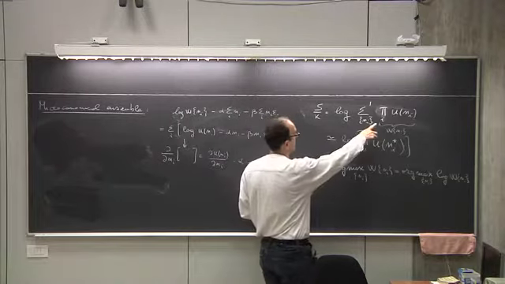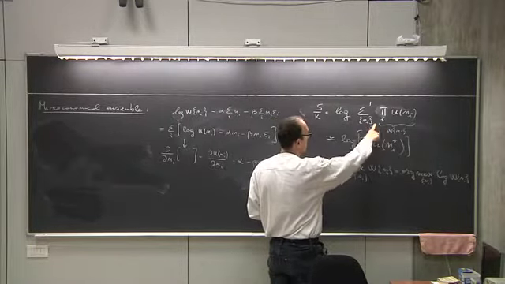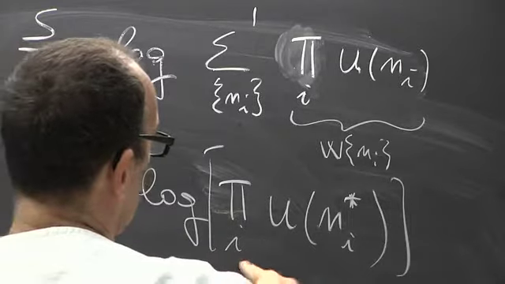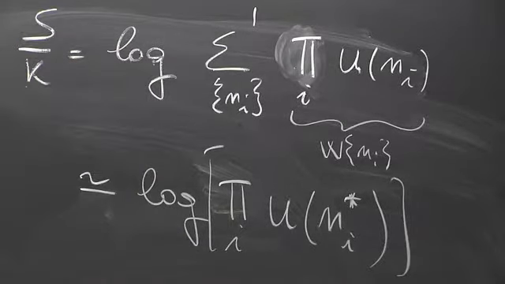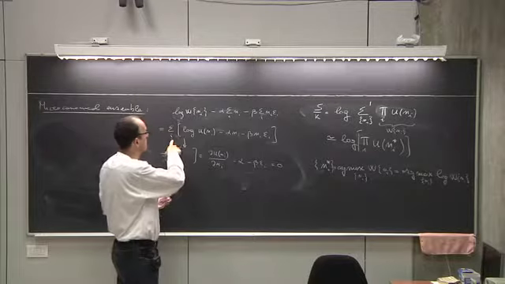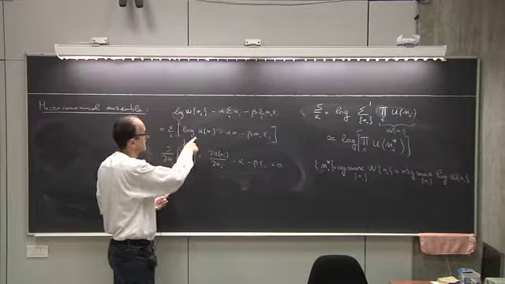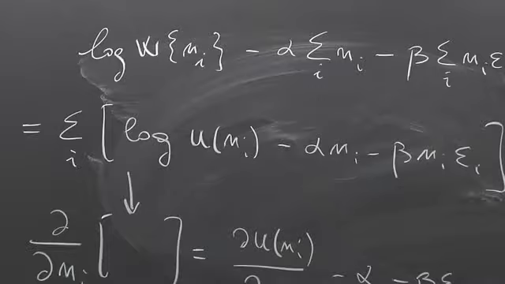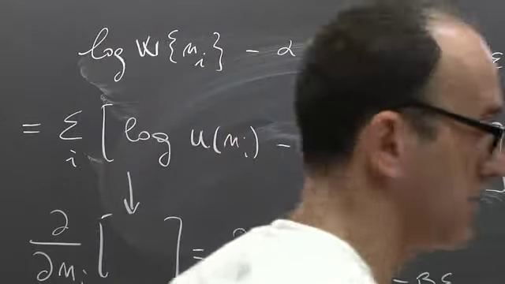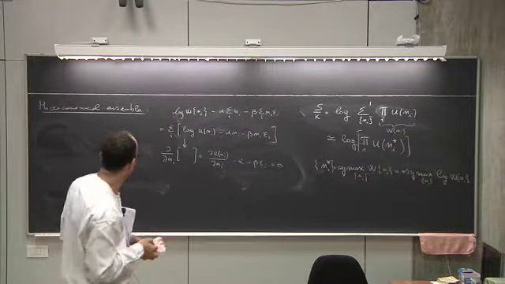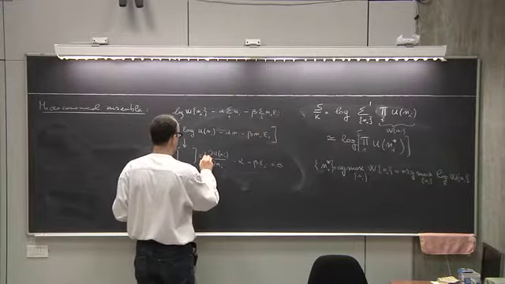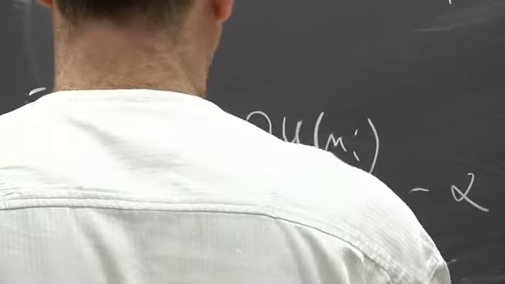So the log of the product is the sum of the logs, right? So this thing becomes this, right? And the derivative is... yes, there is 1 over Ui. Thanks.